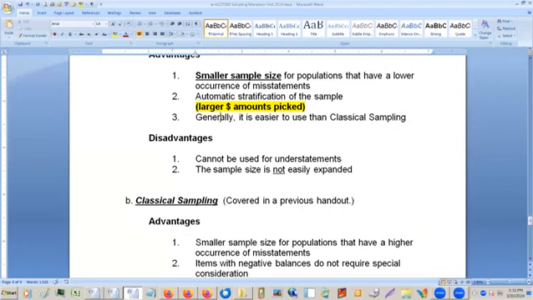You're more interested in something that is 50,000 than something that's $5. If you take a random sample, the $5 item and the $50,000 item will have an equal chance of being picked. If you do this kind of sampling, the $50,000 one is more likely to be picked than the $5 one, just because of the way we pick them from going through the intervals.